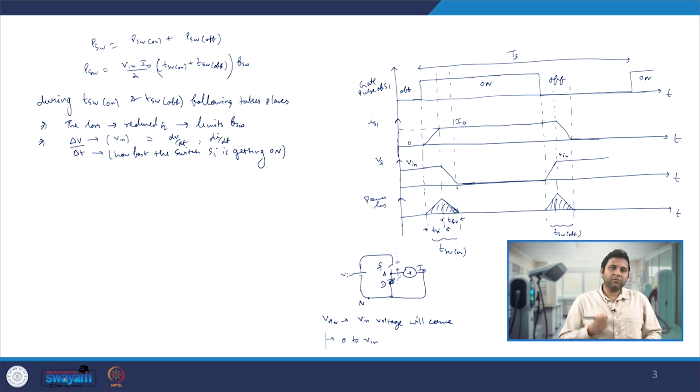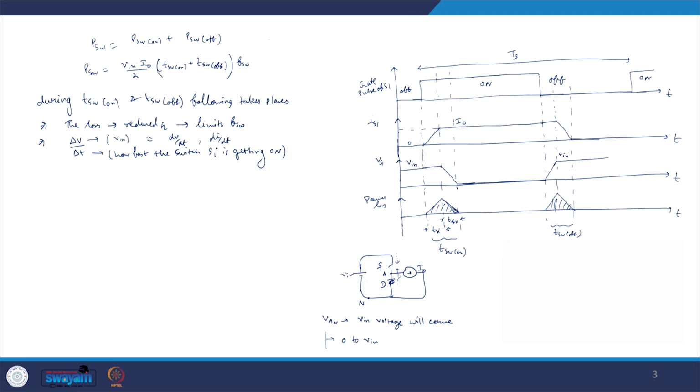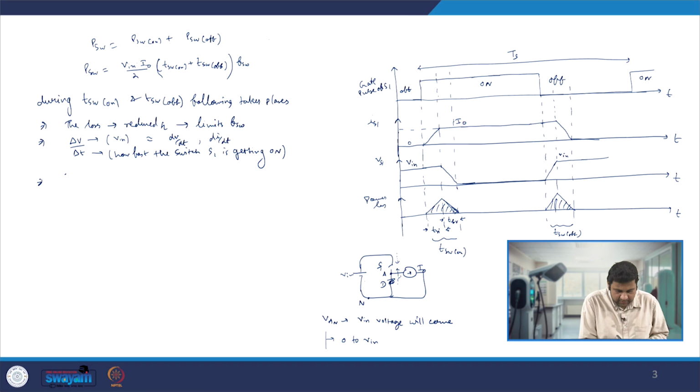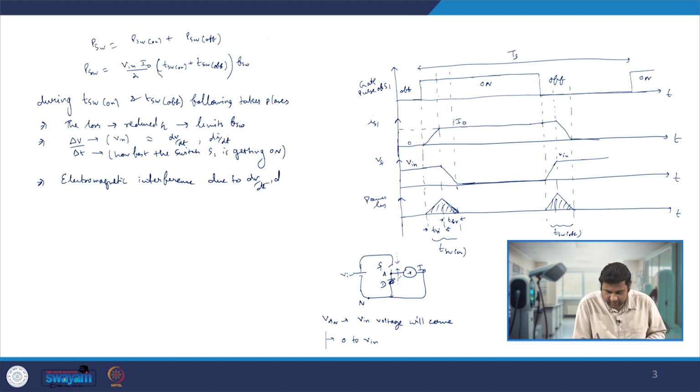So we can say that here we have this di dt, and there is a good amount of electromagnetic interference due to dV/dt and dI/dt.